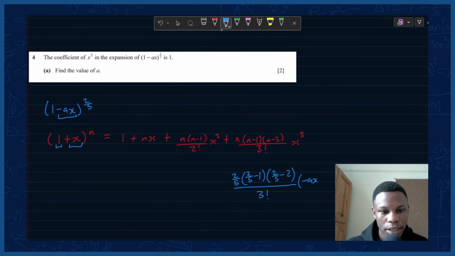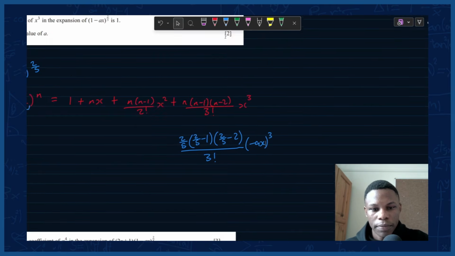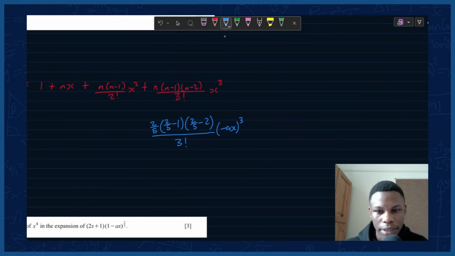So it's negative ax cubed. And we have to simplify that. So I'm going to punch this whole fraction into the calculator. That is 2 over 5 times 2 over 5 minus 1 times 2 over 5 minus 2 divided by 3 factorial. And that is 8 over 125.